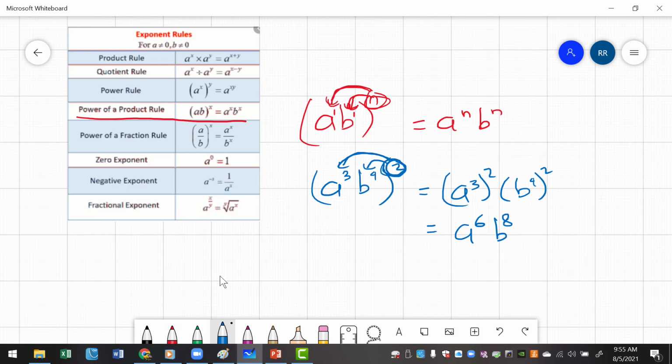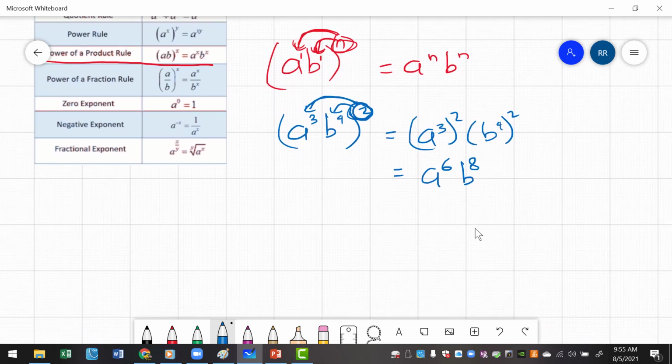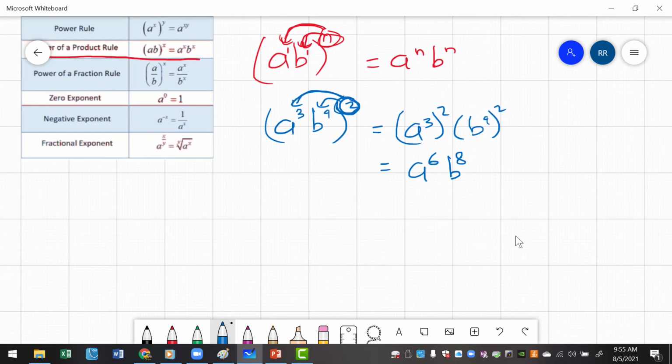Okay, another example: let's say I have a coefficient. So I'm going to write down here 2, a to the power of 3, b to the power of 4, and then I raise that to the power of, let's say, 5. In here, although the 2 is not a variable like a and b, you do the same. You consider that to be another form of index form.